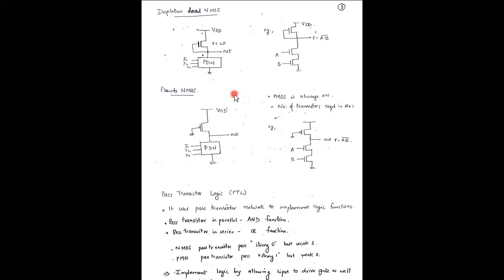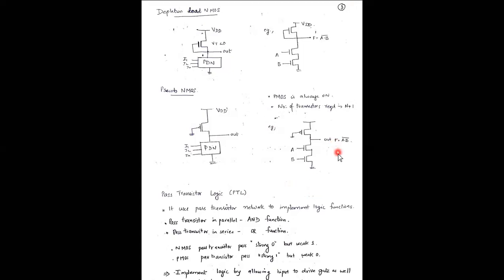Now in case of pseudo NMOS, this NMOS transistor is replaced by a PMOS connected to ground. That means when it is connected to ground, PMOS will be always on. So the number of transistors required in this case will be N plus 1.